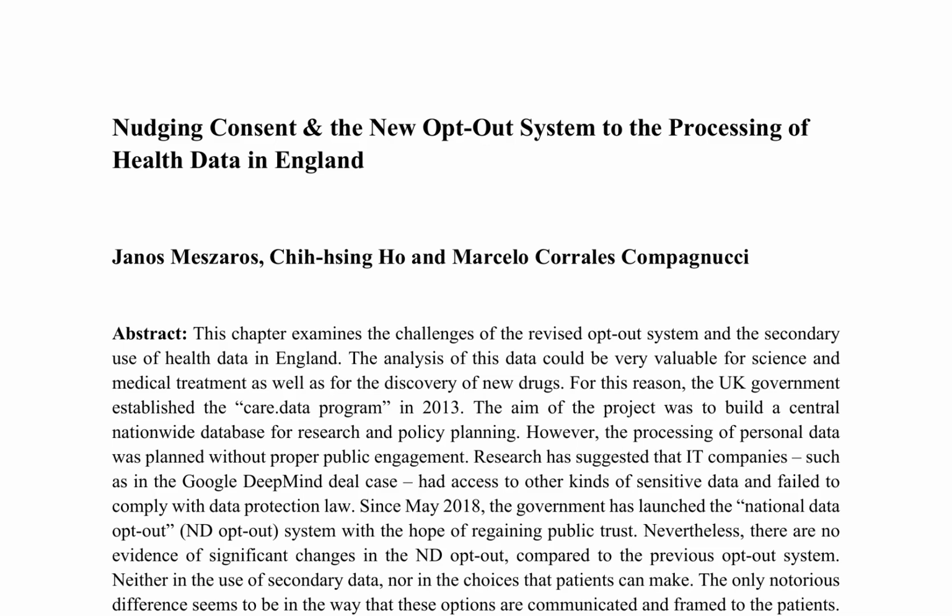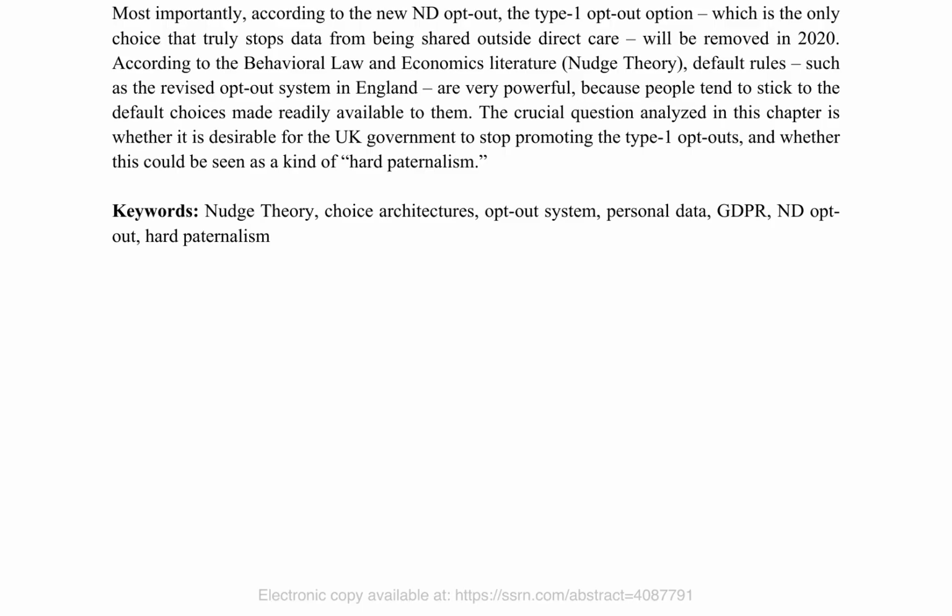In May 2018, the government launched the National Data Opt-out (ND Opt-out) system, which is designed to regain public trust. However, there are no significant changes in the ND opt-out compared to the previous opt-out system, neither in the use of secondary data nor in the choices that patients can make.